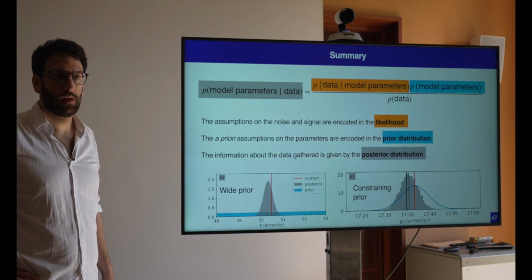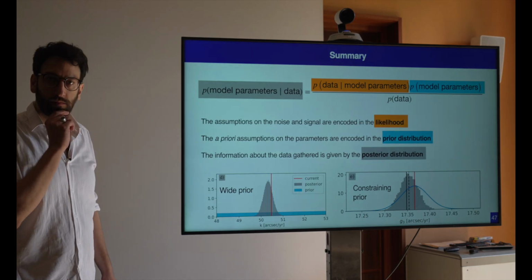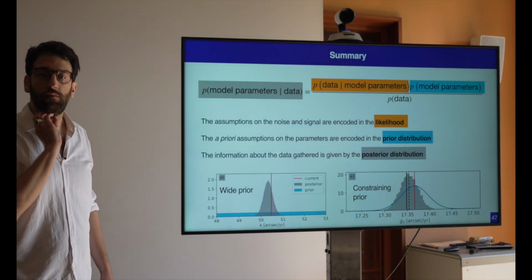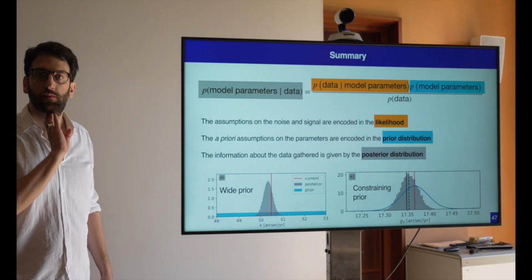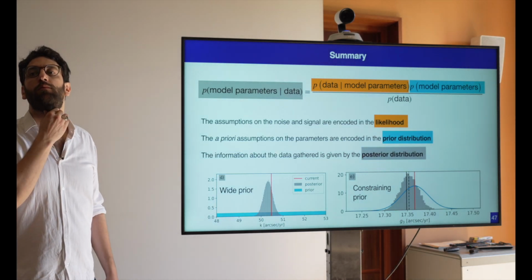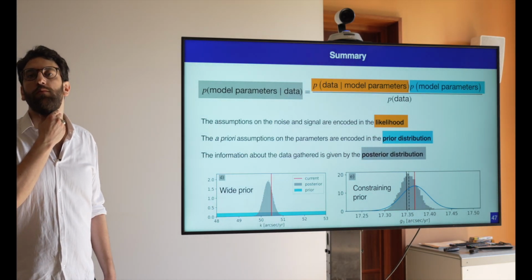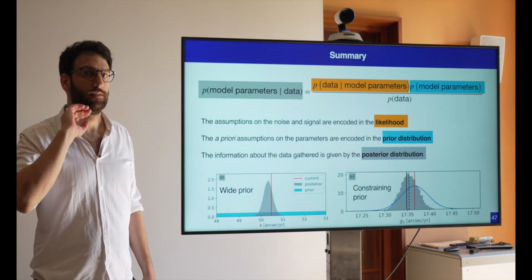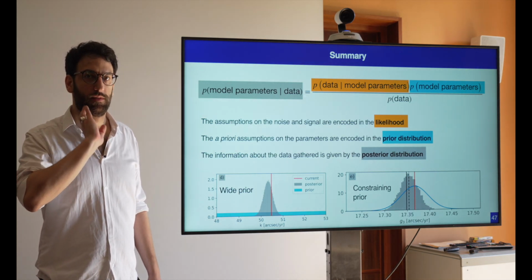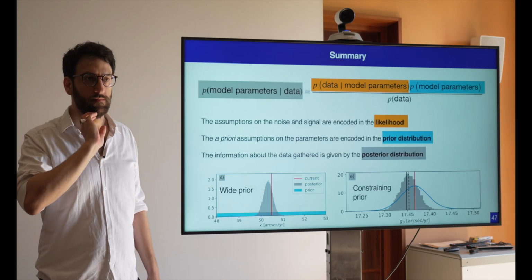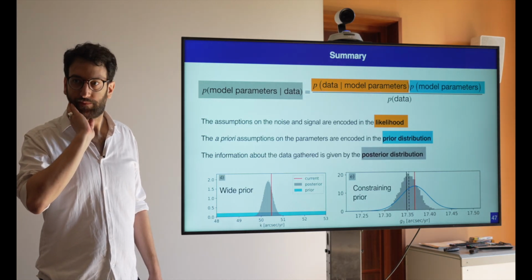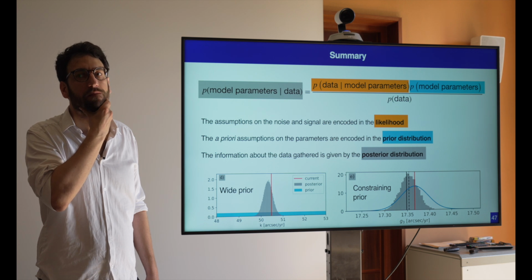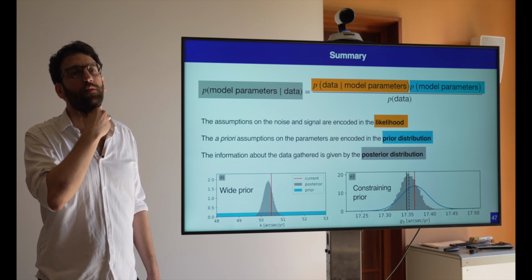Yes. And maybe something needs to be mentioned also is that sometimes you put a prior and you find that your posterior distribution is exactly the same as your prior. In this case, it means that your data didn't bring any information. So the good signal, for example, here, you see the posterior distribution is different from the prior.